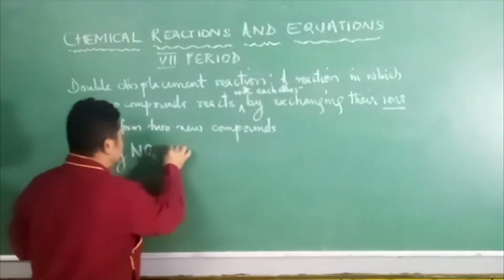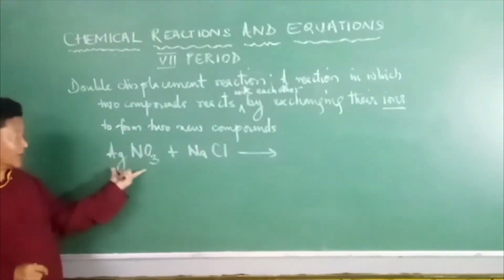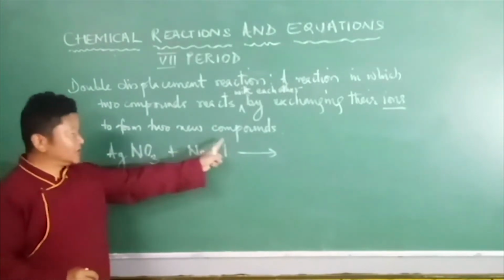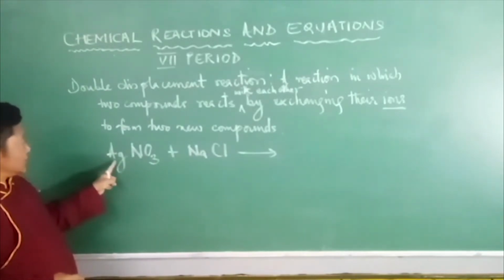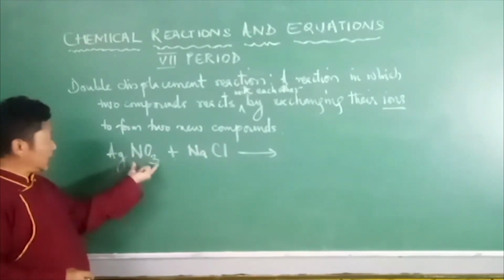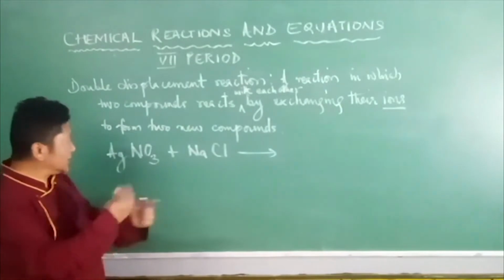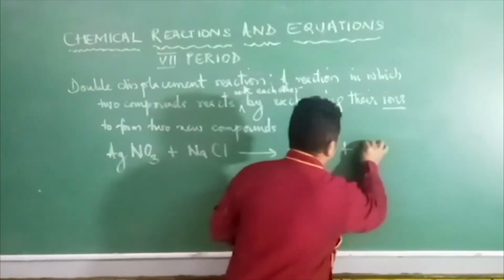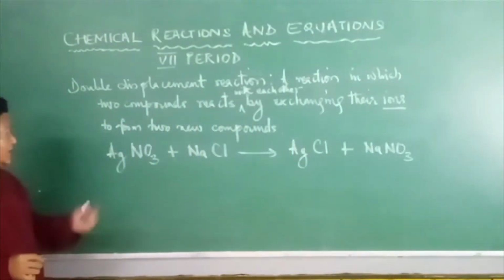These compounds are like A B, C D. If you exchange the cations, silver and sodium, and the anions, nitrate and chloride, there is a formation of silver chloride and sodium nitrate.